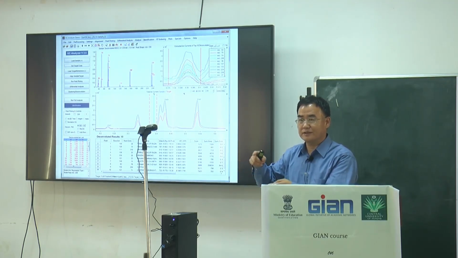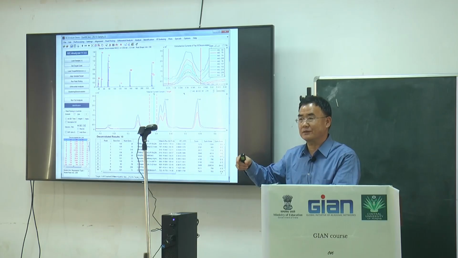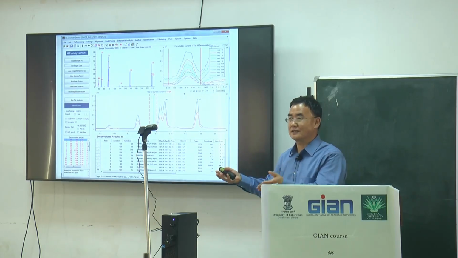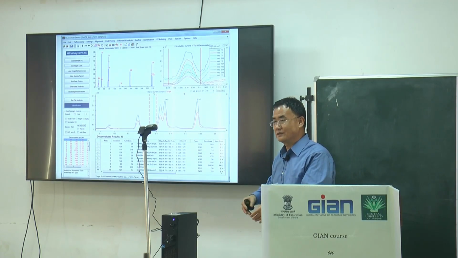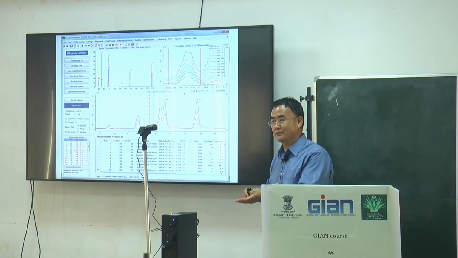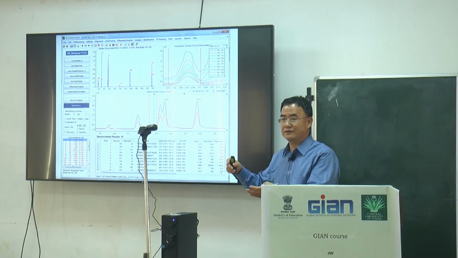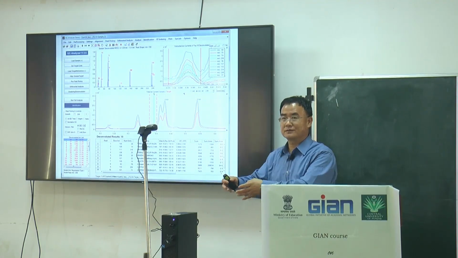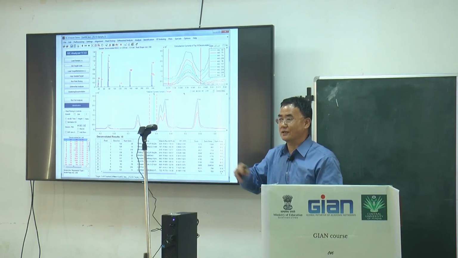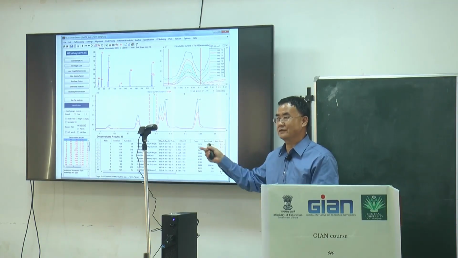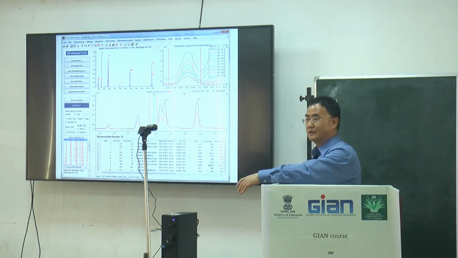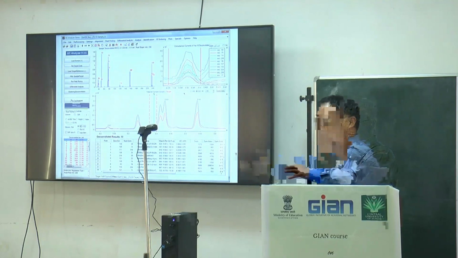The material is neutral, normally C14 or C18, which don't carry charge. But we use different mobile phases. This way makes it adapted to different types of chemical isolation columns.